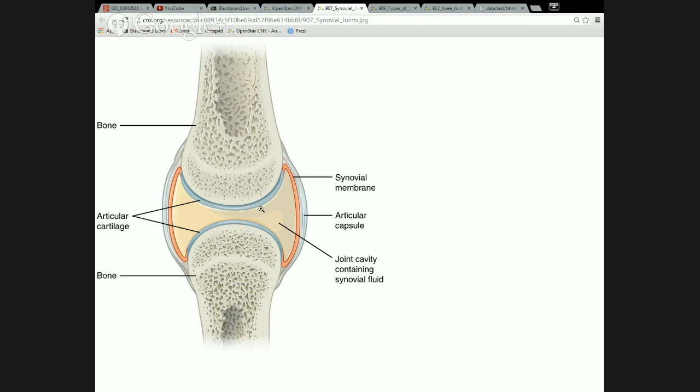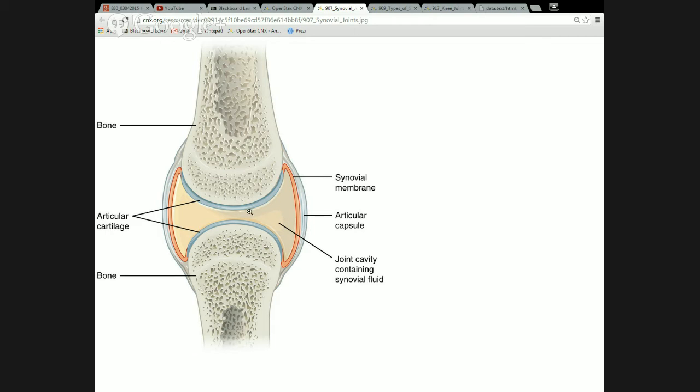Okay. And as that kind of fills this space, it can press out against and exert pressure on the joint capsule and make it harder for that joint to move. And it can be more painful. As well, in arthritis, along with the fluid that's secreted, there are going to be chemical signals that stimulate pain receptors.